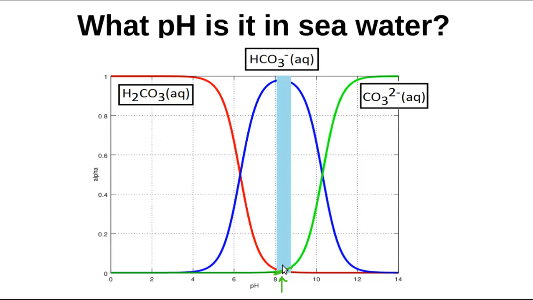There is 1% of carbonate ions. Is this of importance? I would like to say yes, because if the pH of the seawater is decreased, say 1 unit to pH 7, it would still not be acidic in some respect, but the amount of carbonate ions would go down to 0.1 or lower.